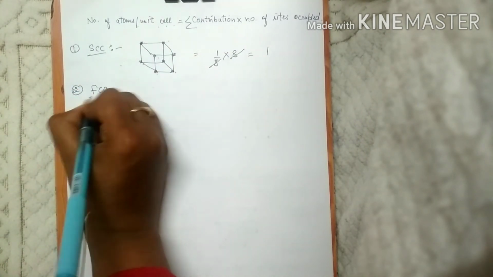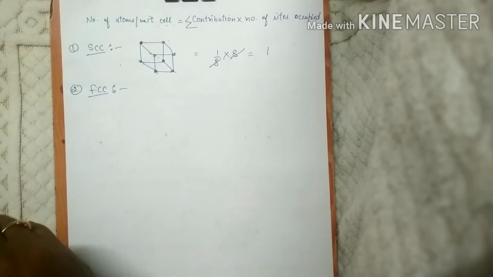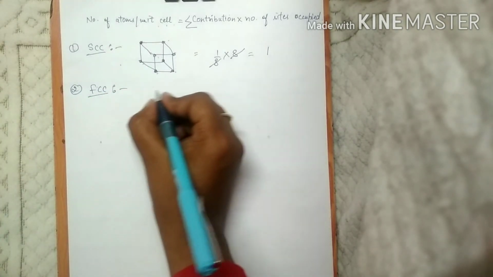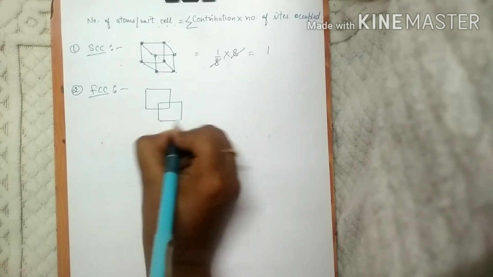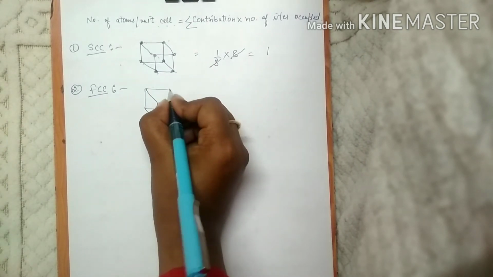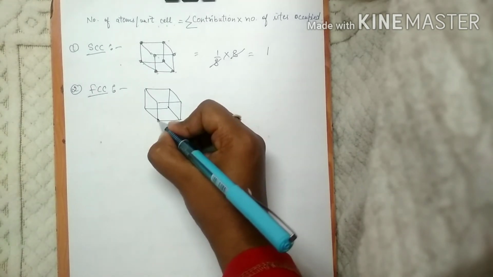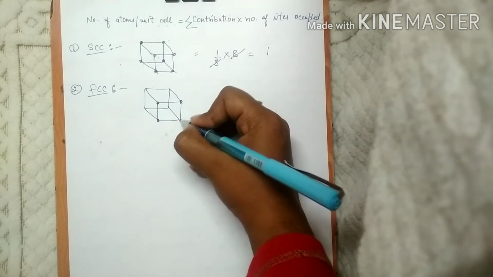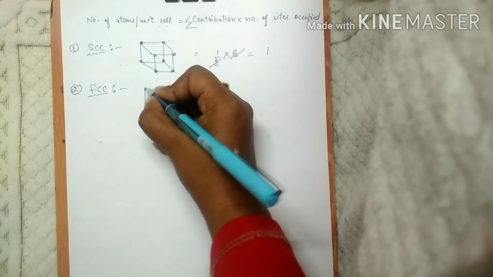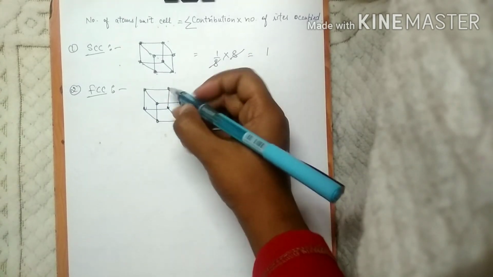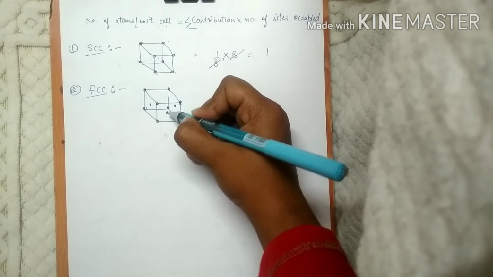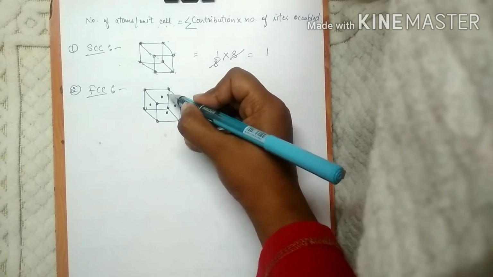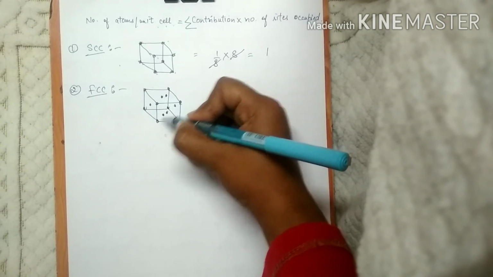For FCC, that is face centered cubic unit cell, atoms will be present at 8 corners as well as the face centers: left face, right face, front, back, up, down.